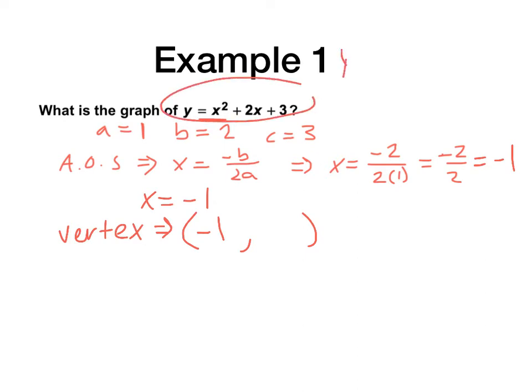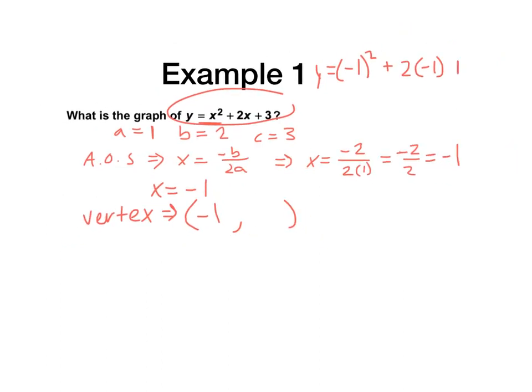So we have y is equal to negative 1 squared plus 2 times negative 1 plus 3. So we have positive 1 plus what's 2 times negative 1?